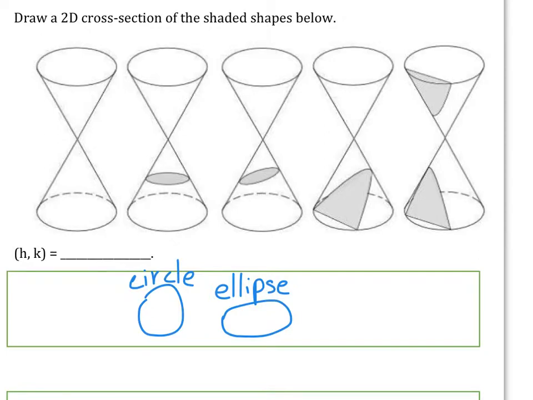Cannot be a triangle because this is round. Looks like this, right? Now, if I don't close this cone off, it would continue going down like that. What kind of shape is this? Think, yes, parabola.